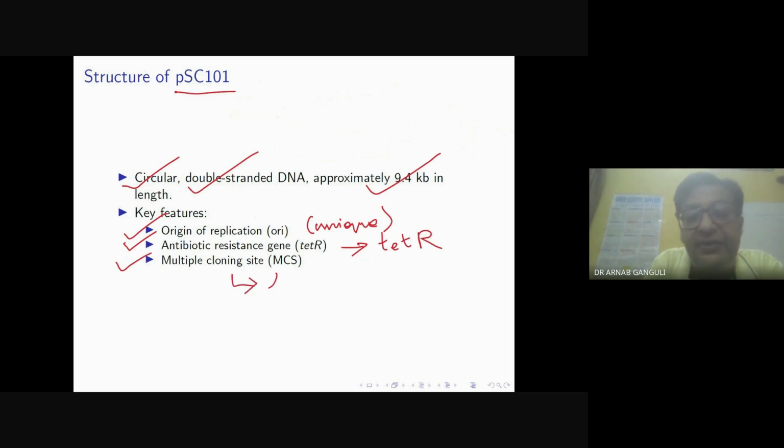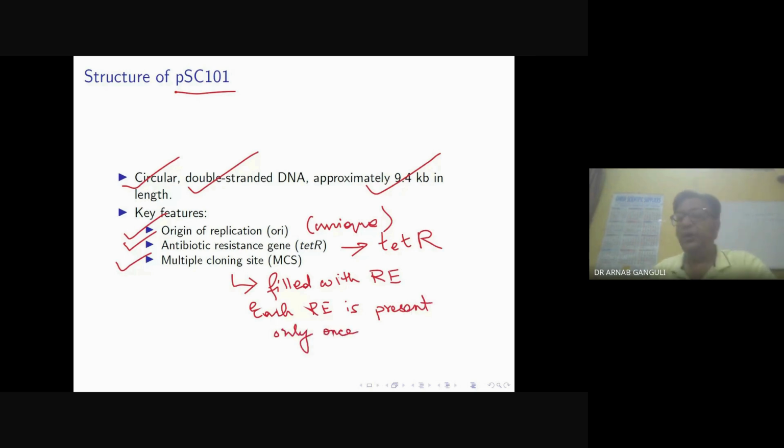These sites are filled with restriction endonucleases, and each endonuclease must be present only once.